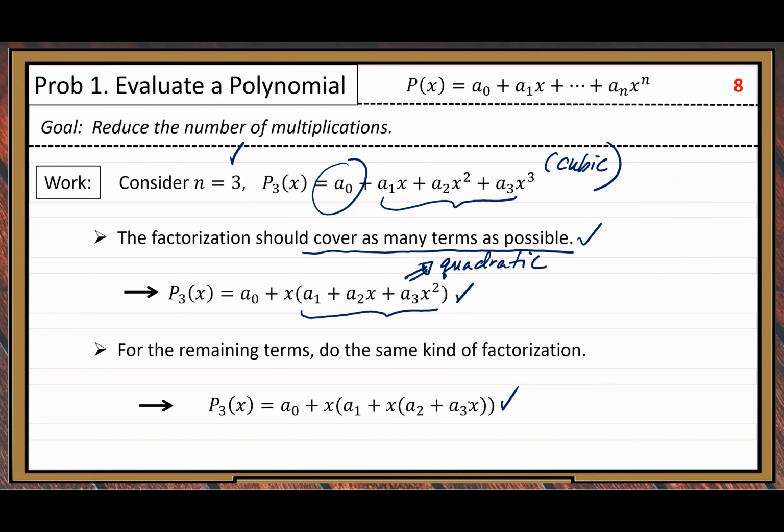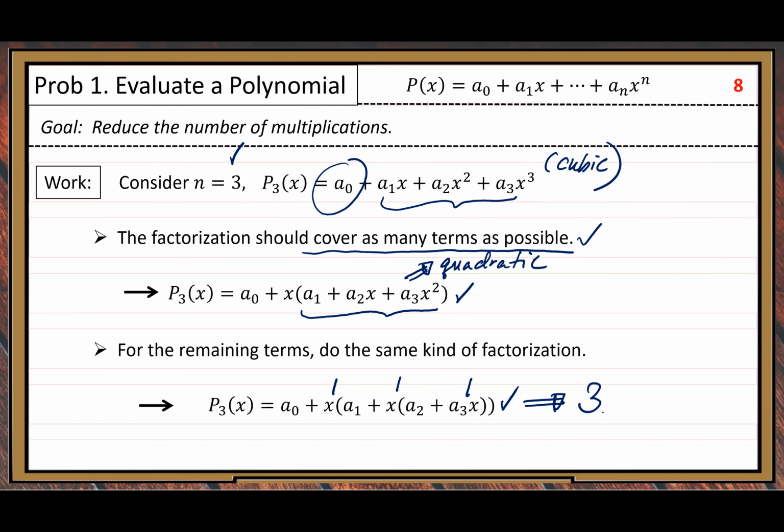Do you want to count the number of multiplications we need here? That's pretty easy. Number one, x times the first parenthesis. Number two, x times the second parenthesis. Number three, x times a3. So in total, the number of multiplications we need equals 3.